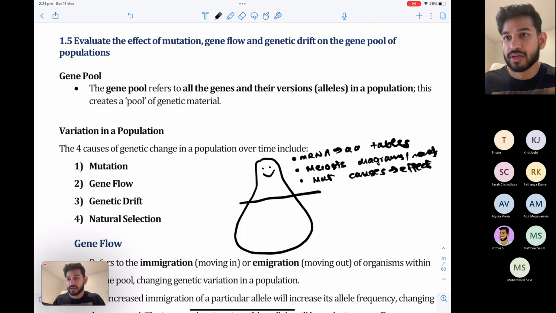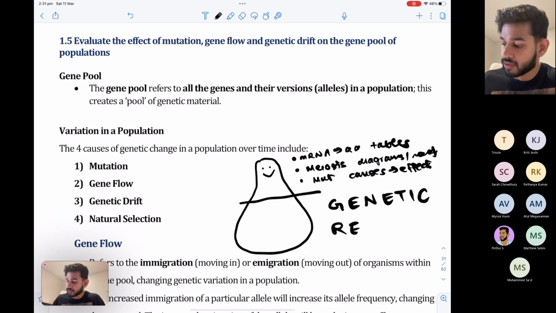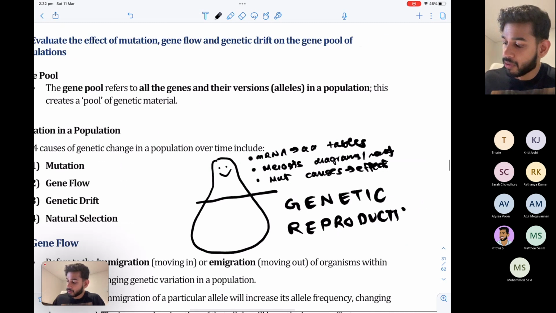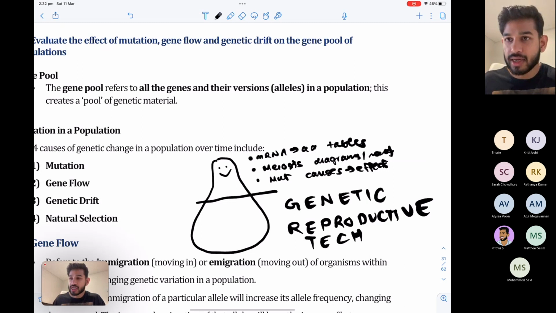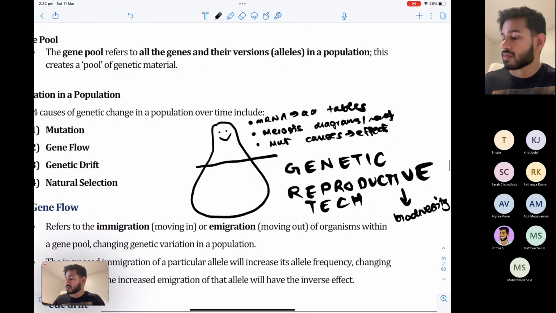What's the rest of Mod 6 about that's so high yield? Okay, since we aren't sure, I'll tell you. When I mention these words, perk up, because this stuff, genetic and reproductive technologies, and how that affects biodiversity, is probably the most important part of Mod 6.